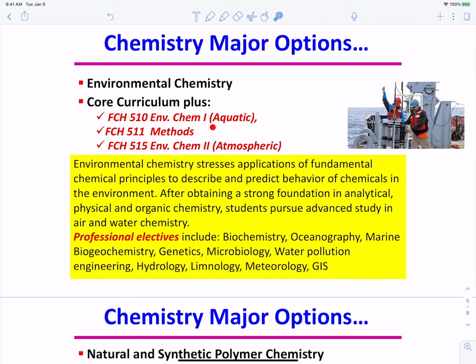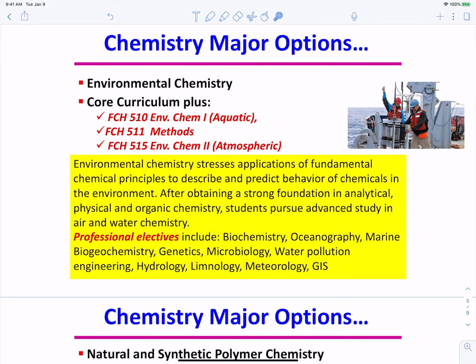Typically, environmental chem 1 is known as the aquatic course, and environmental chemistry 2 is the atmospheric course. Just to confuse things a little bit more, the atmospheric course is in the fall, and the aquatic course is in the spring. The methods course is in the fall.